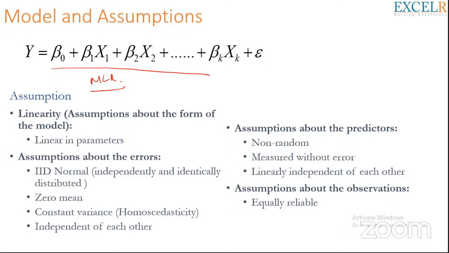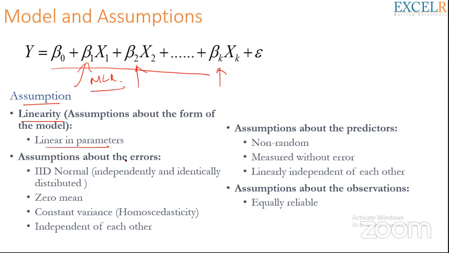So that we'll do after building the model. Well, first let us discuss what these assumptions are about. The first one is linearity. So linear in the parameters. These parameters have to be linear and not exponents or some other form. Okay, so that is the first assumption.